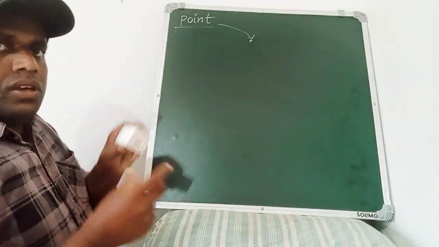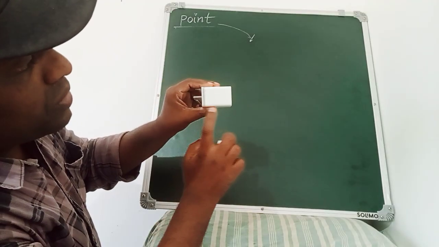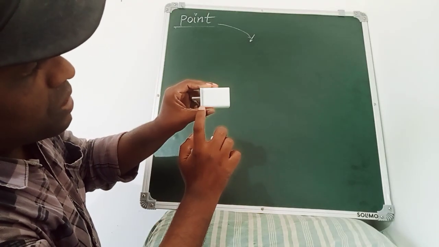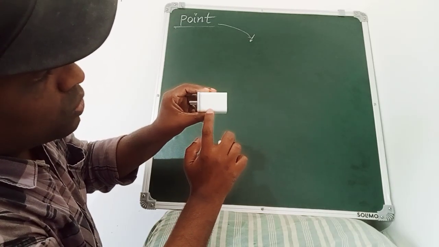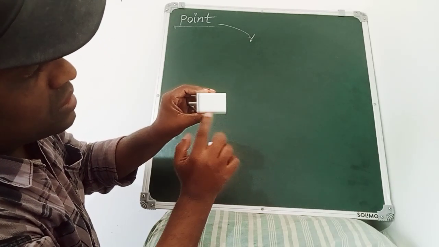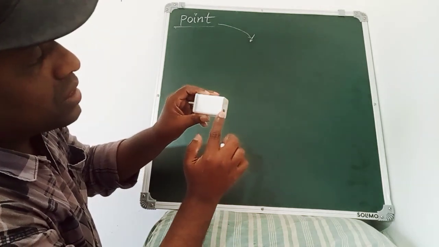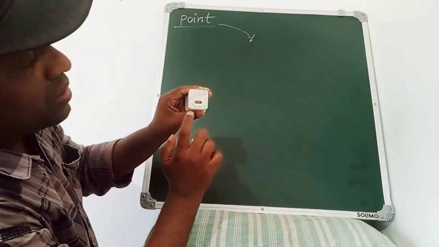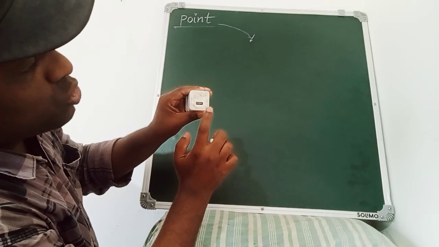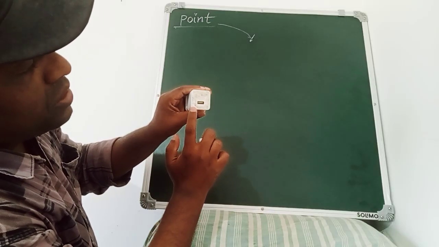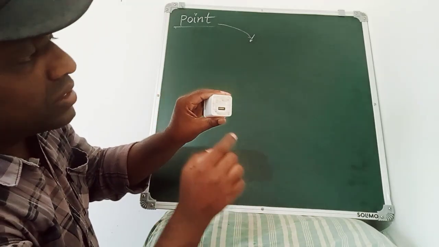See, if you take a charger, from ear to ear, starting from here, if you go like this till here, this is length. And from here, if you go like this and you stop here, from here to here, this is width.